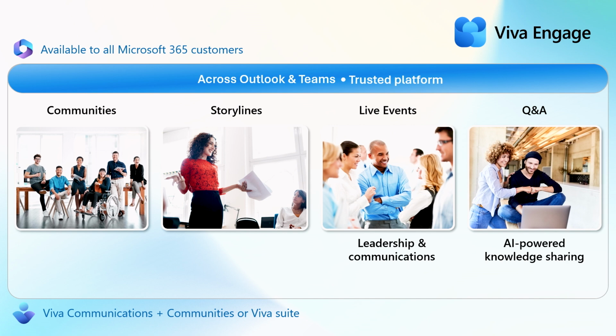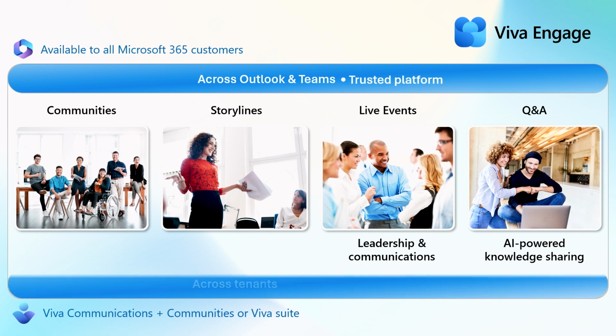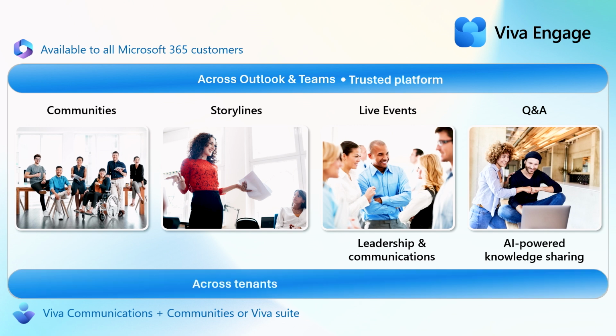On top of Q&A capabilities, AI-powered knowledge sharing helps employees find answers quickly and connect with experts. Third, you get the ability to scale leadership communications and communities across tenants, helping you to serve more complex organizations. And fourth, you get robust analytics capabilities with AI-based summarization and analysis.